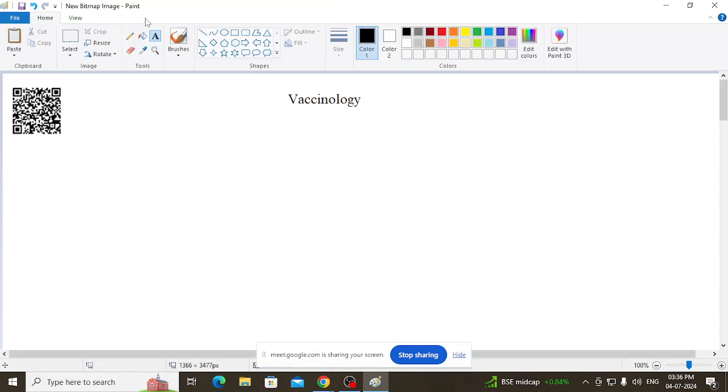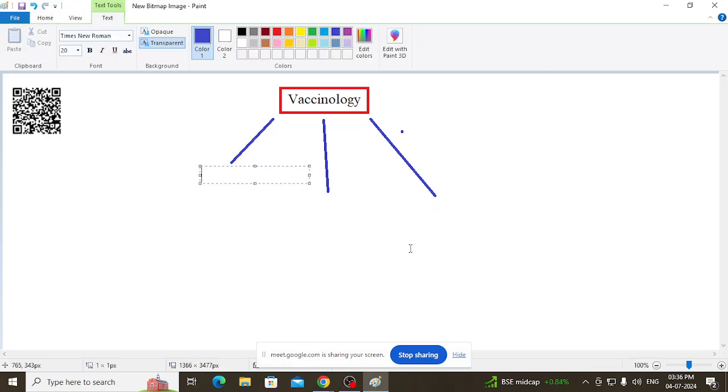So when we talk about vaccinology, what are we essentially speaking about? The main three things that we are about to talk about. One is vaccine design, how to design a vaccine. Then optimizing the shelf life of the vaccine.